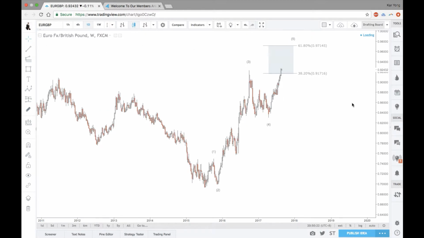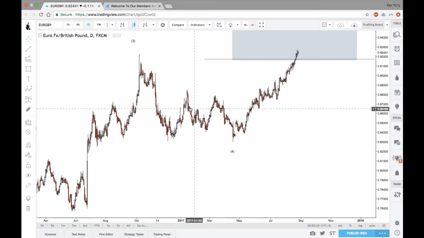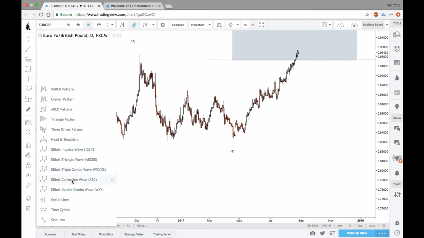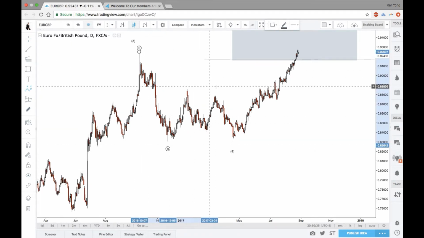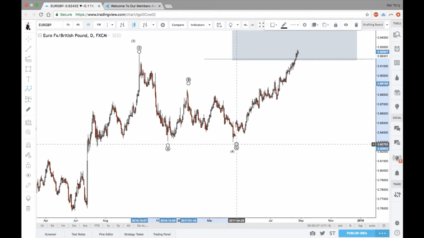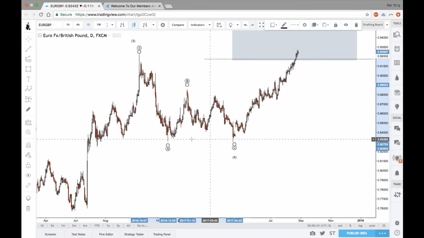If I zoom back down to daily, you realize your wave 4 here gives you this is your A, B is here, then C is here. So what you realize is now, instead of an expanded flat, this forms back your regular ABC.